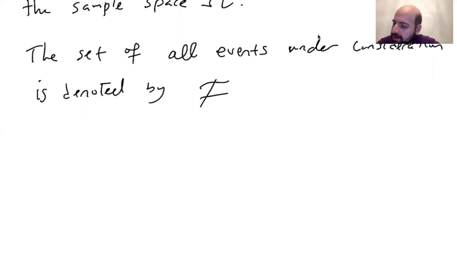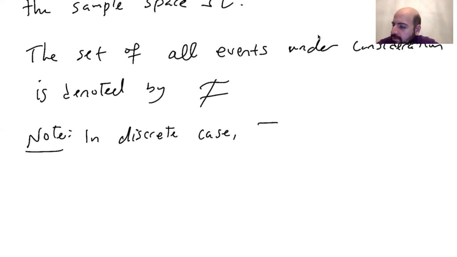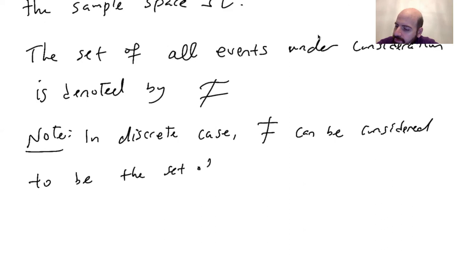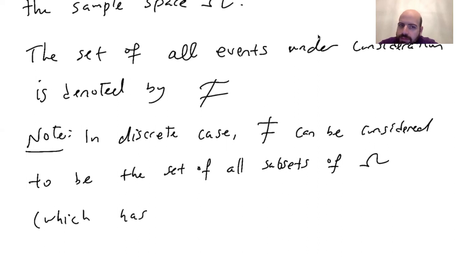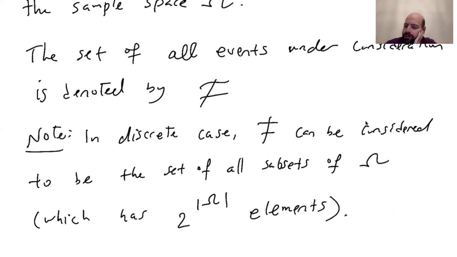So let me note: in the discrete case, F can be considered to be the set of all subsets of omega, which has 2 to the power of the number of elements of omega elements.